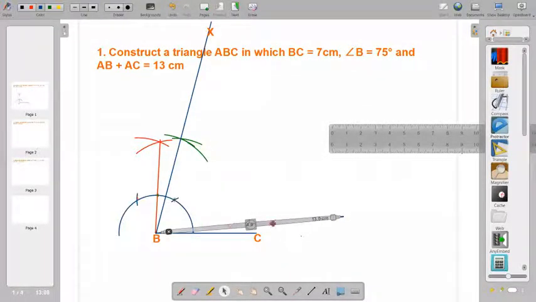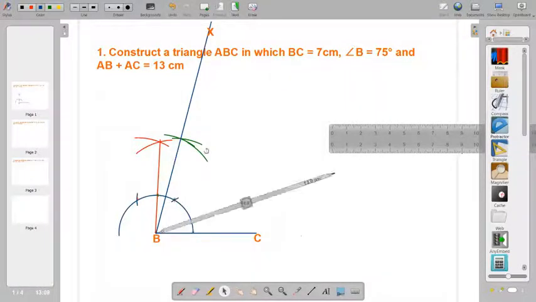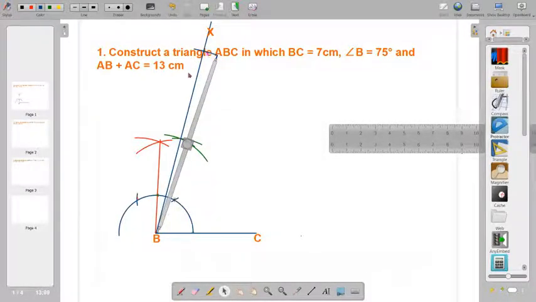You need to draw an arc to get this BX ray at a point. Now I am drawing an arc by using blue color, so that you can observe, children, where the arc is cutting the BX ray.